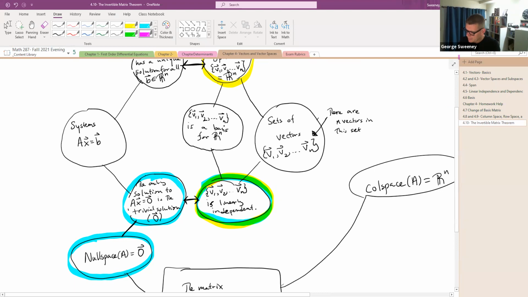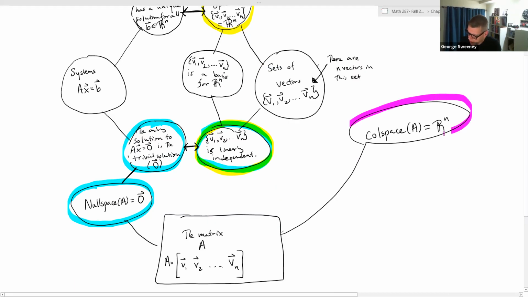Make that one pink. Which of our other ones in our concept map is that one going to be related to? Because it is. Remember that the column space is the span of the column vectors of A. Which one might it be related to?